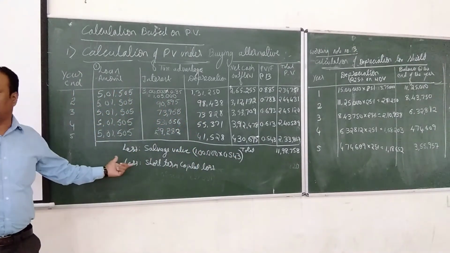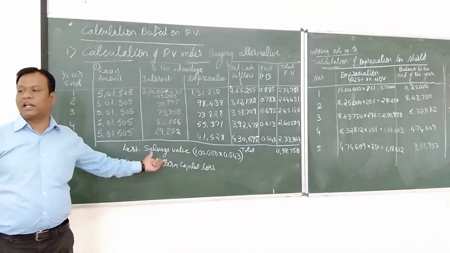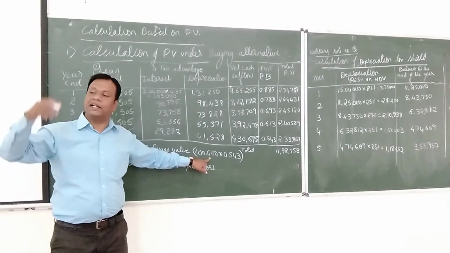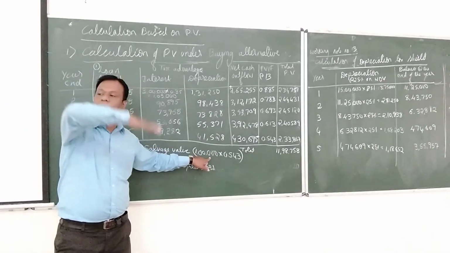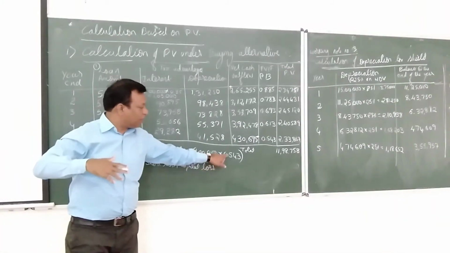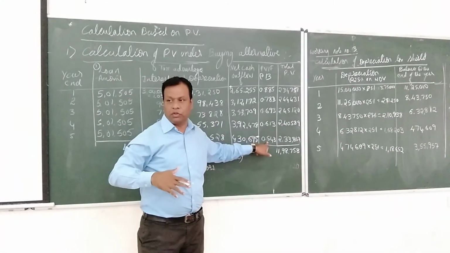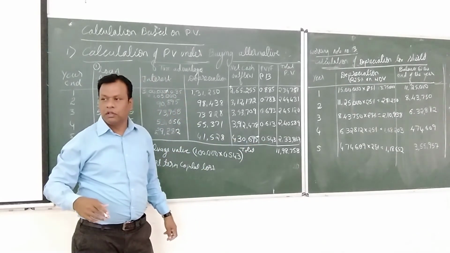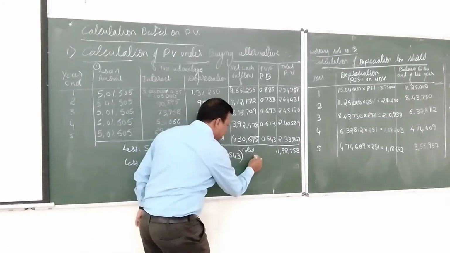So you can write here: less present value of salvage value. The factor for the 5th year at 13% comes to 0.543. If you multiply these two, how much do I get? 54,300.